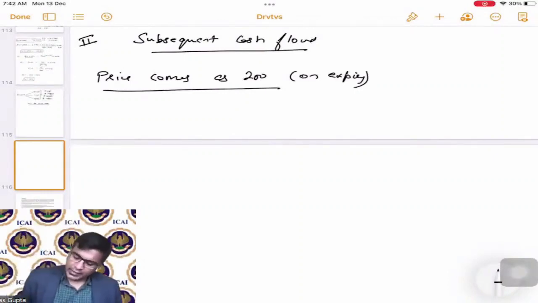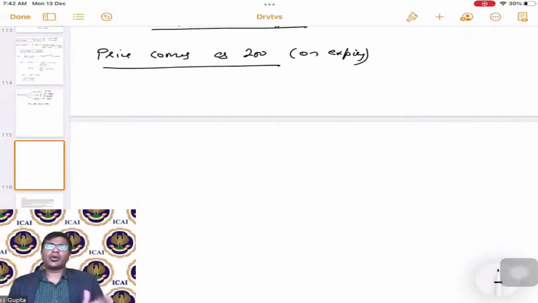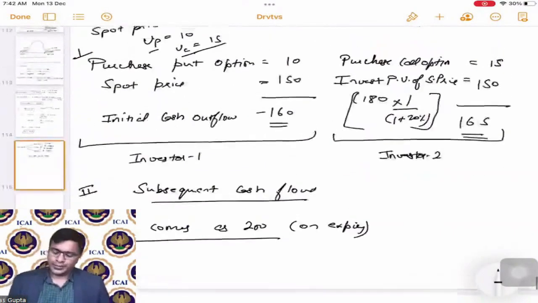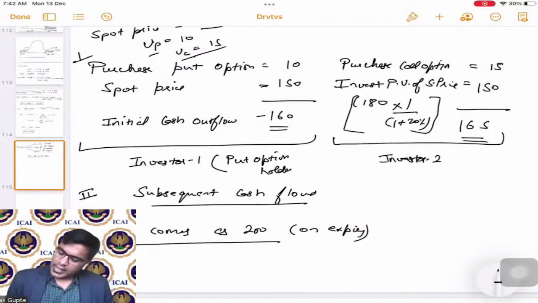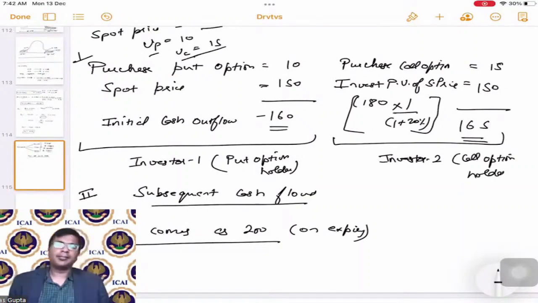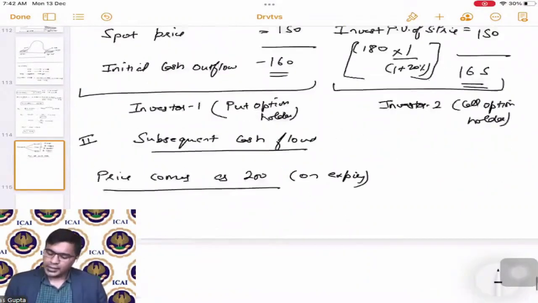let us again calculate the cash flows from both the angles, which is the put option holder and the call option holder. Can I write here that investor 1 is the put option holder, and investor 2 is the call option holder, correct?